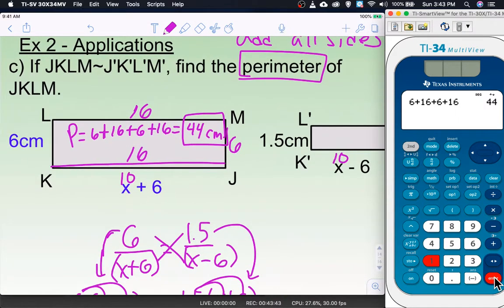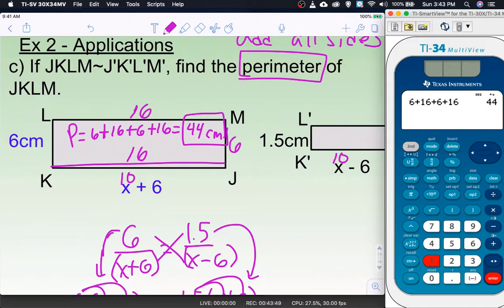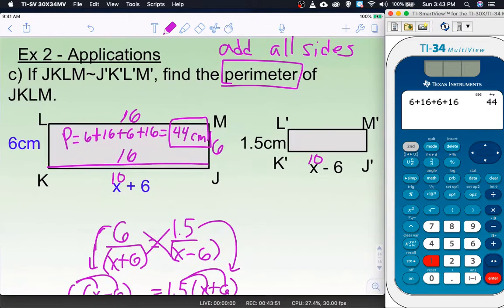I looked at the other rectangle. The other rectangle is in centimeters. So there we have it. That wasn't too bad. We had to set up a proportion to find x. We needed x to find the side lengths. We needed the side lengths to find the perimeter.